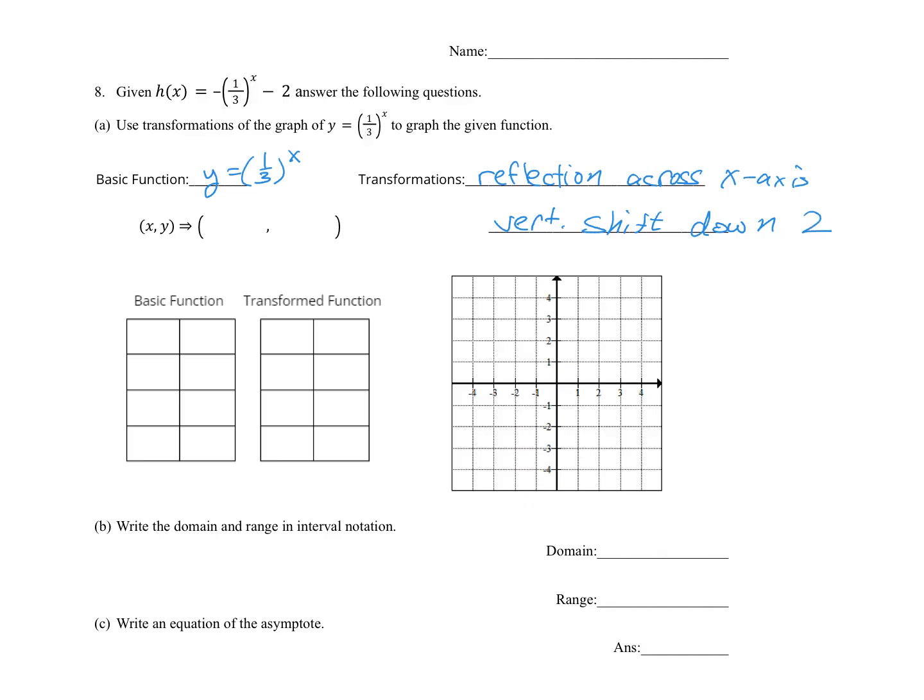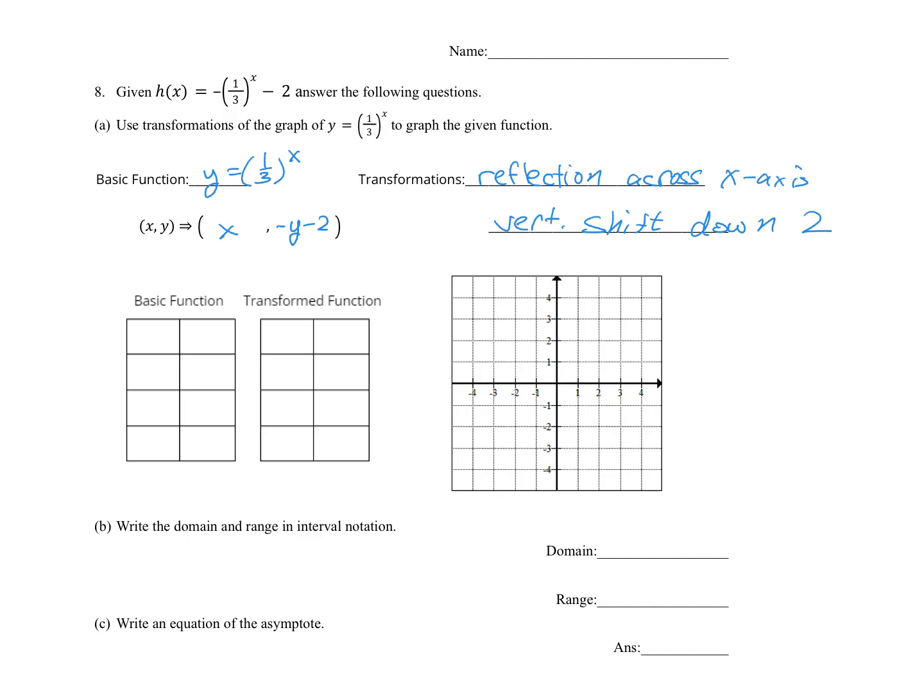For our ordered pairs, the only thing that we're going to be doing is affecting the y numbers. We're going to be taking the opposite and then subtracting 2. So the x is going to actually stay the same in the transformation. And the y is going to be the opposite, and then we're going to lower it by 2.